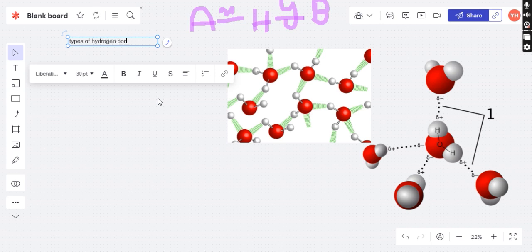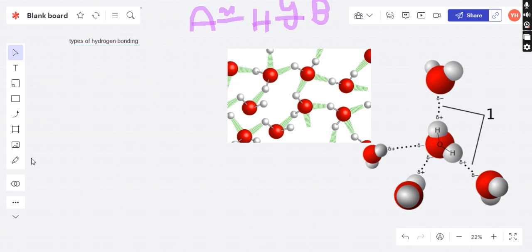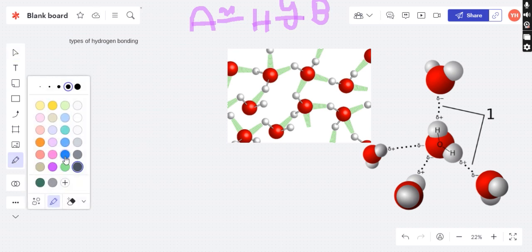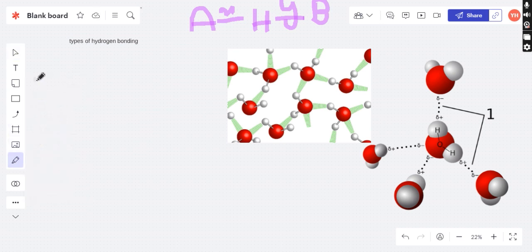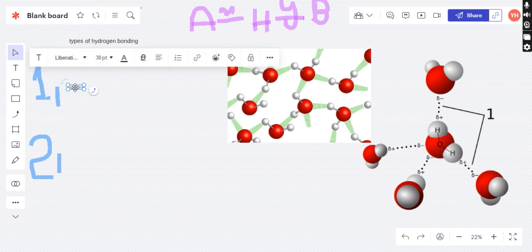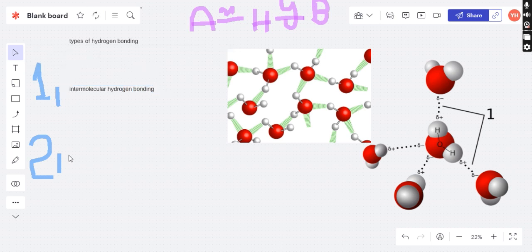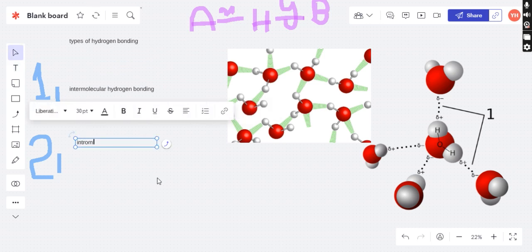The first is intermolecular hydrogen bonding, and the second is intramolecular hydrogen bonding. Intra means within a molecule, and inter means between two different molecules. The molecule can be the same as well, but different.